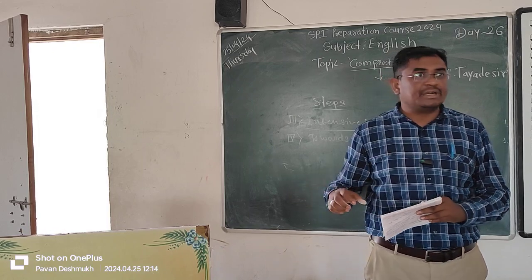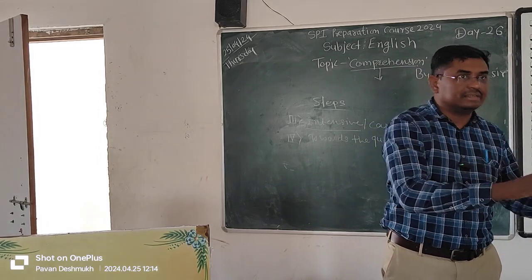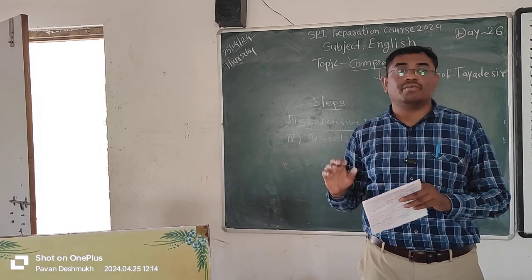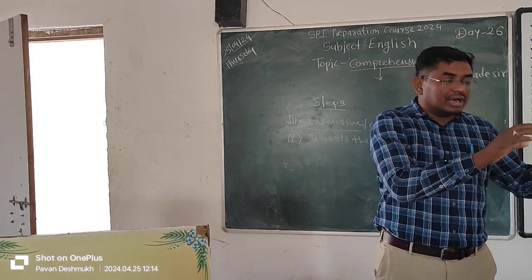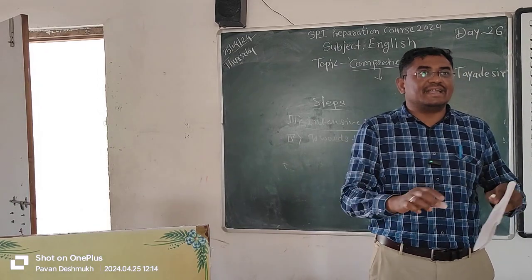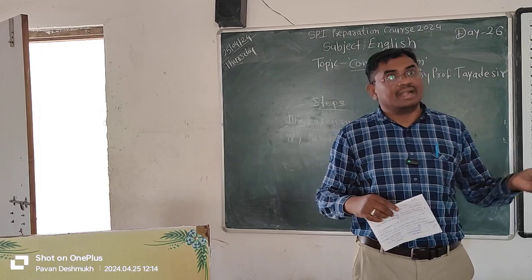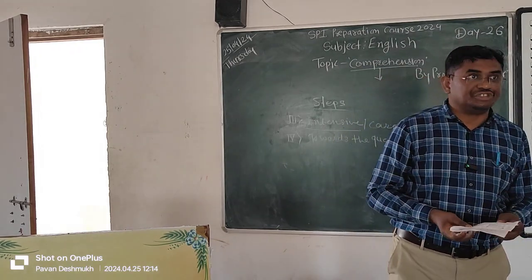It means already you have got an idea of that passage. Already you have gone through the difficult words of the passage, and gained a better understanding of the sentences. Everything else you have done, and now you should move toward the questions.